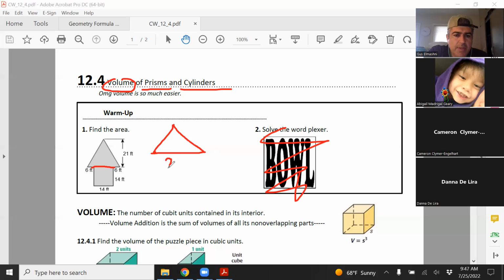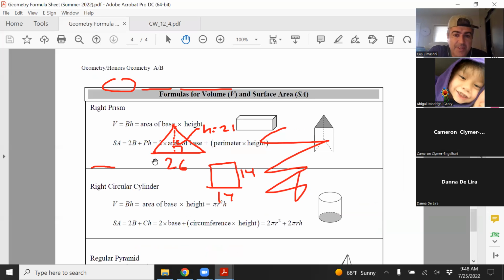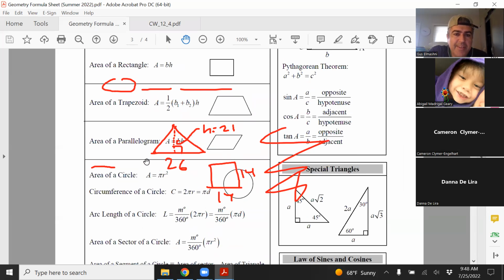Where the base is going to be 26 and the height's going to be 21. You have a square where it's 14 and 14. And you have the formulas, which you have on a formula sheet right here.